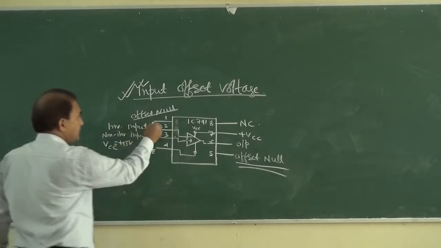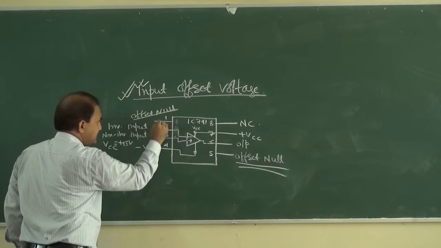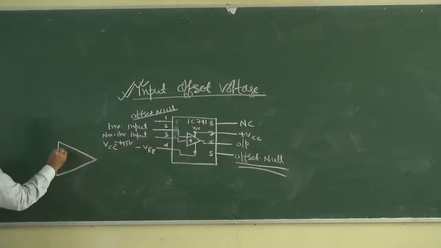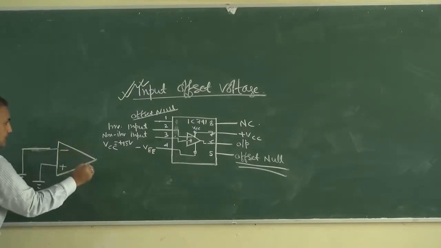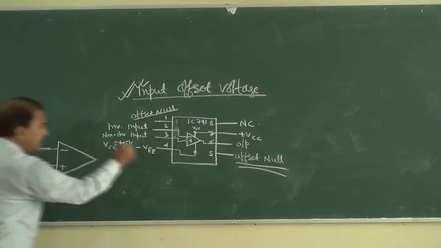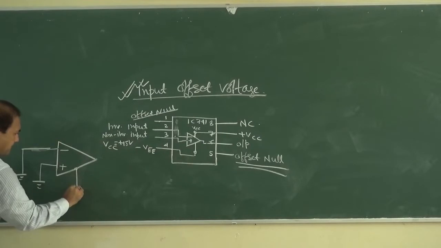Okay, so we have to connect a resistor, like this. This is minus, plus. Okay, so what we have to do? Pin number 1 and pin number 5. This is minus VEE.